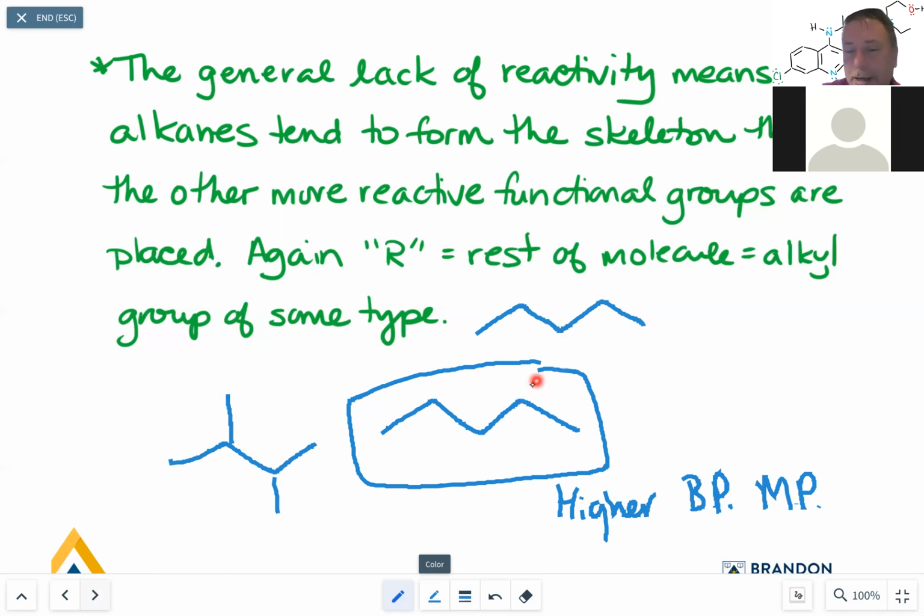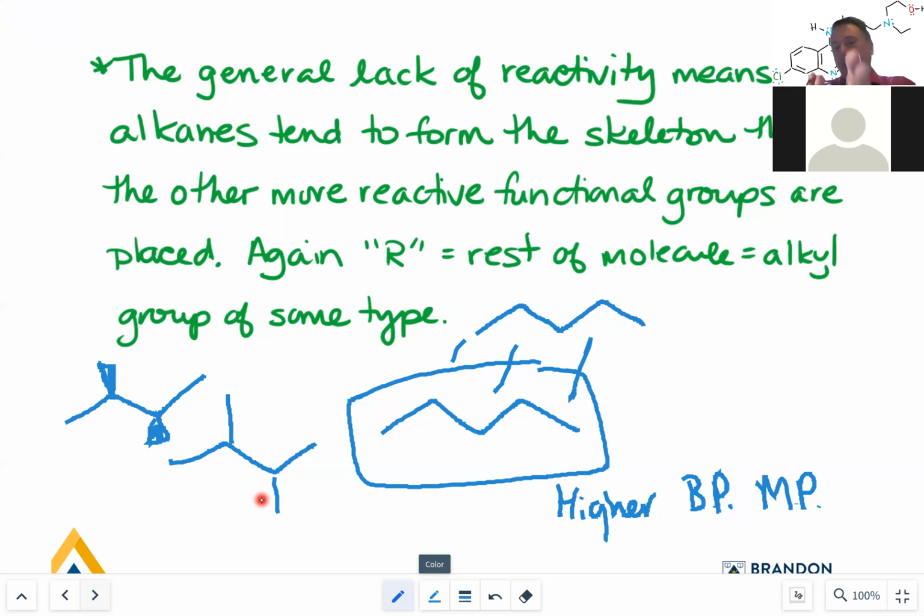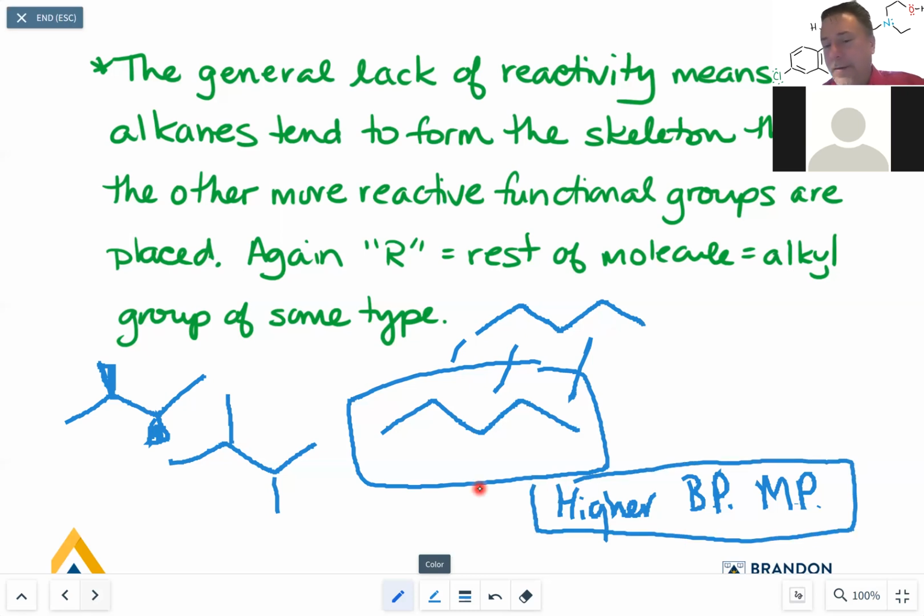When you've got a straight chained alkane, the molecules can pack together better than branched alkanes. Remember, if this is your compound, one of the methyl groups would be pointing towards us, and over here you could have one pointing towards us, and the packing becomes congested because you've got groups sticking out. So it's easier to pack straight chained alkanes than branched ones, and the dispersion forces can work over a larger surface, which typically increases the boiling and melting points.